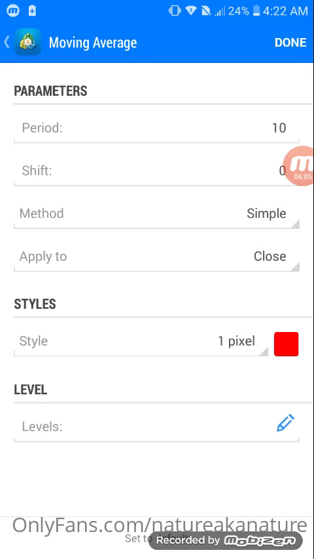It starts you off with a simple moving average, SMA, which stands for simple moving average, with a 10 period, which is not bad. The style color is red. This is for all MetaTrader 4 apps. It starts you off on the 10 period moving average.